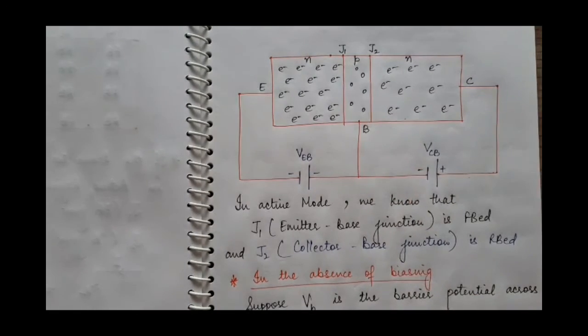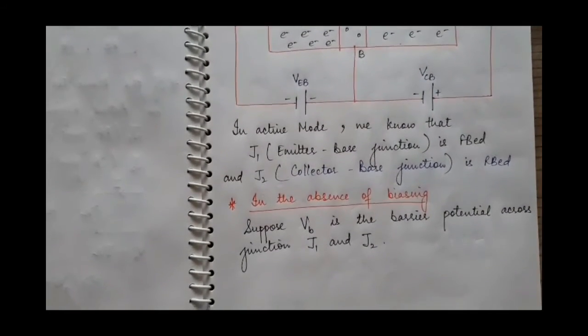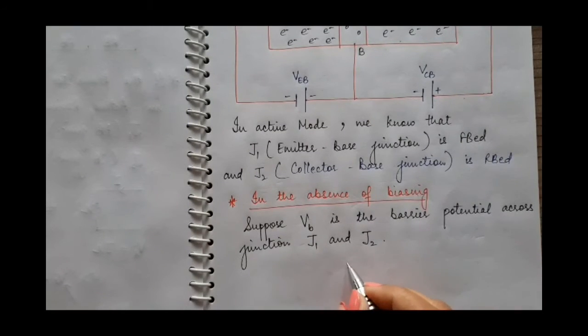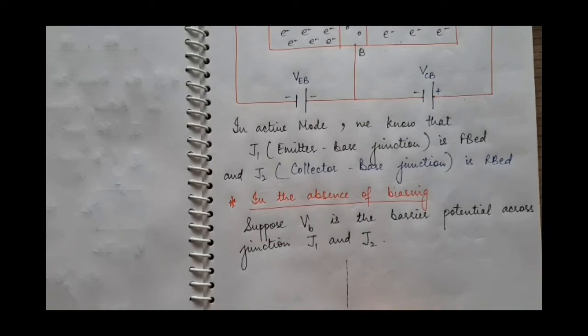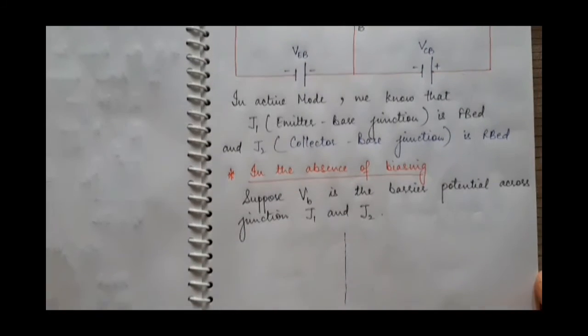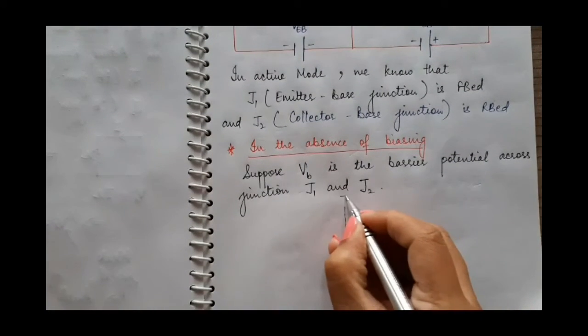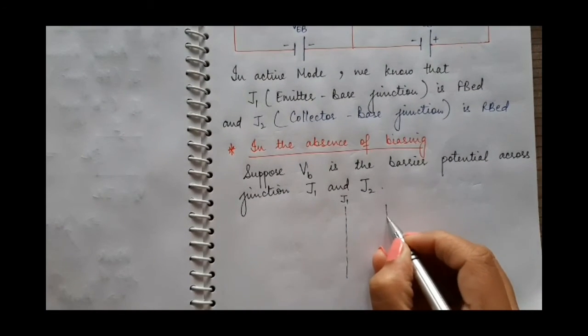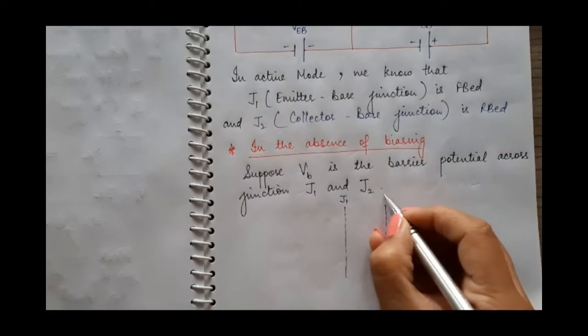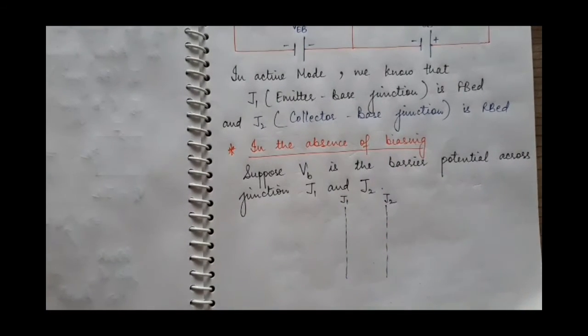So we will see how. So suppose this one is junction J1, and suppose this one is junction J2.